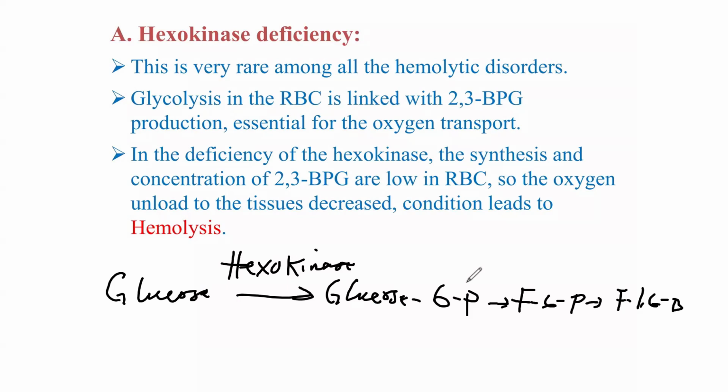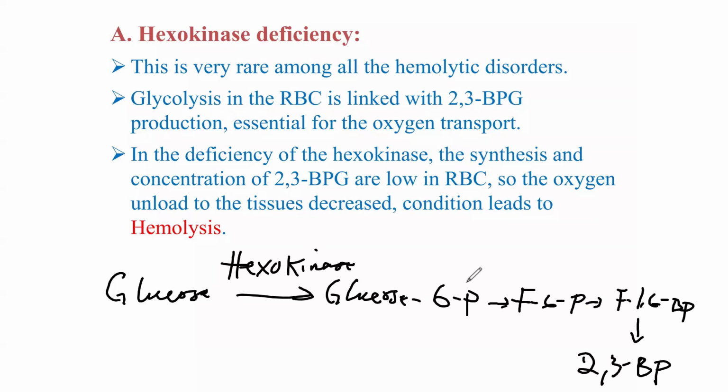Then from fructose 1,6-bisphosphate, it will be converted to dihydroxyacetone phosphate and glyceraldehyde 3-phosphate, and then the glyceraldehyde 3-phosphate will be converted, and it will come to a stage where we are going to generate 2,3-bisphosphoglycerate.